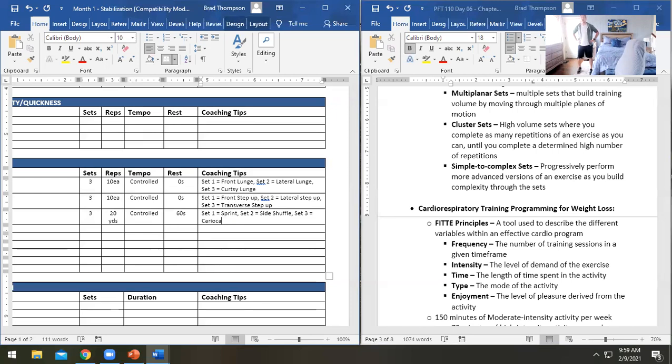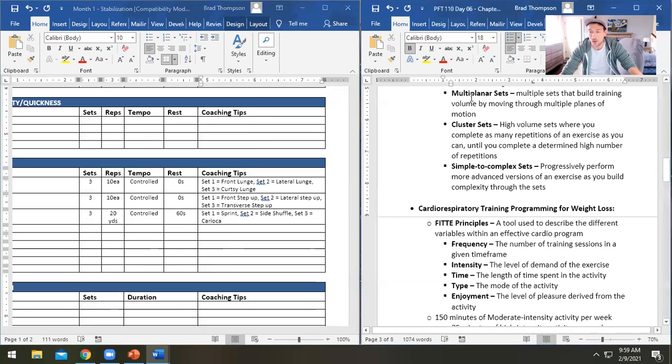And then set 3, they're going to do a curtsy lunge, so it becomes a twisting motion. They're going to do a transverse step up, so they turn as they come up and turn as they come down. And then they'll do a karaoke as they're sprinting. So I'm building complexity from set 1 to set 3 by using multiple planes of motion.